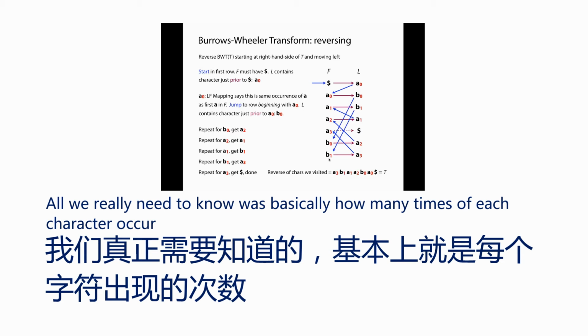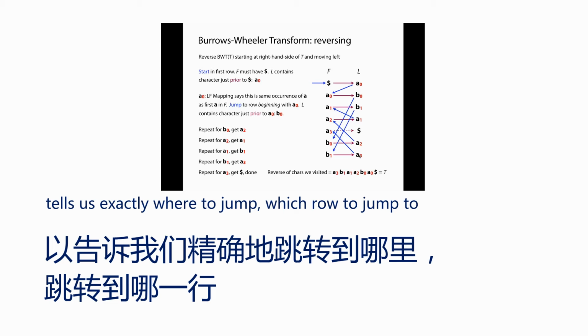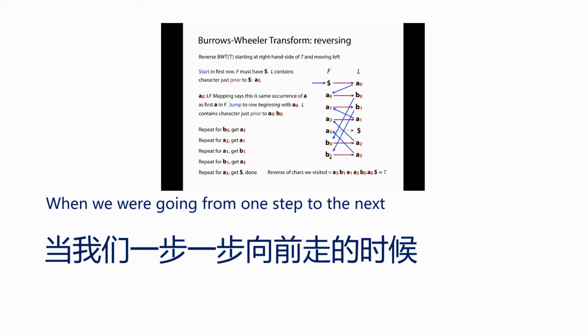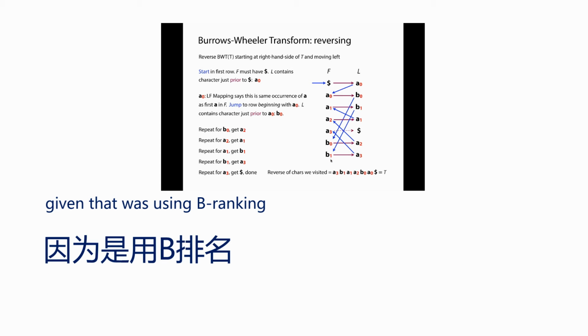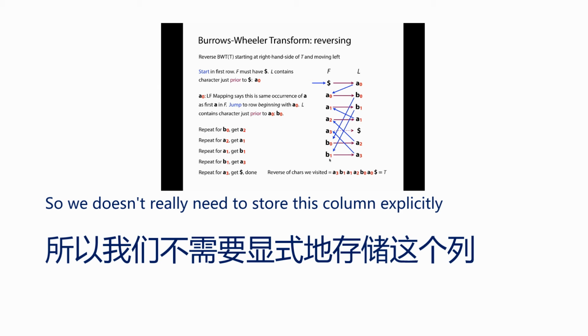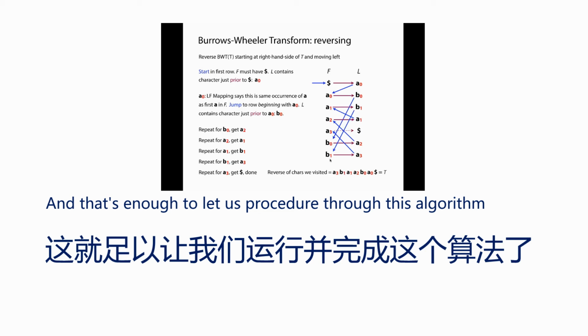All we really needed to know was basically how many times each character occurs, because that information, in conjunction with knowing a character and its rank here, tells us exactly which row to jump to when we're going from one step to the next, because of the B ranking and because of how predictable this first column is, given that we're using the B ranking. So we don't really need to store this column explicitly. We can just store the number of times each character in the alphabet occurs within T, and that's enough to let us proceed through this algorithm.